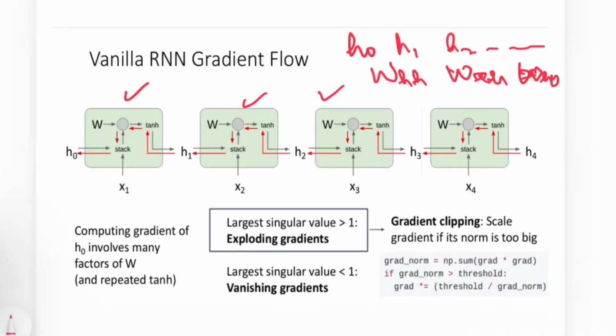These were the three fully connected layers. And these three fully connected layers are shared across all those states. So if I'm here or here or here, everywhere we have the same WHH, same WXH, same WHY. So you're not using multiple different fully connected layers.